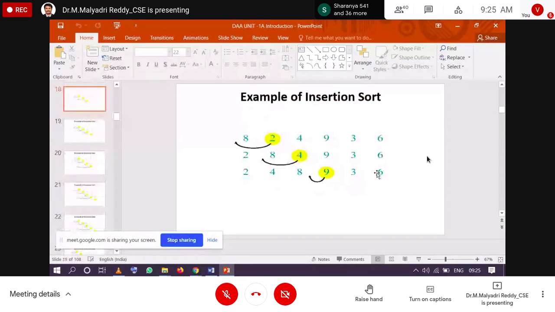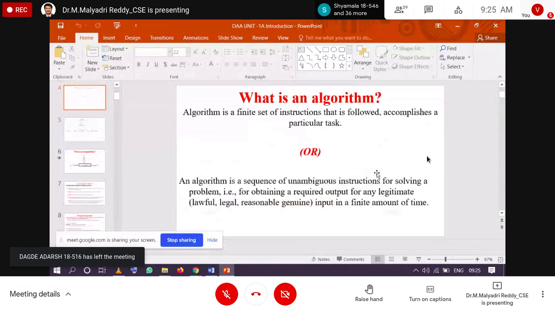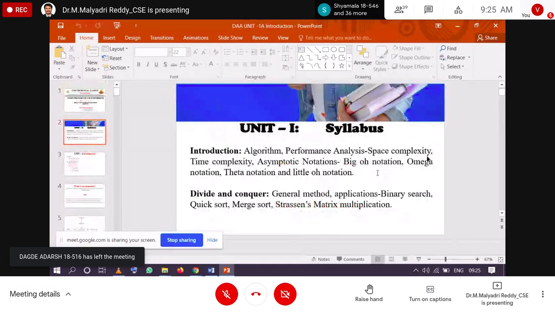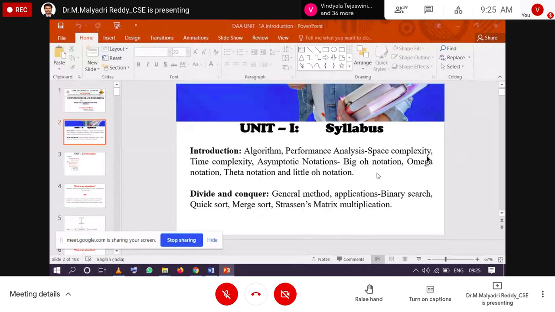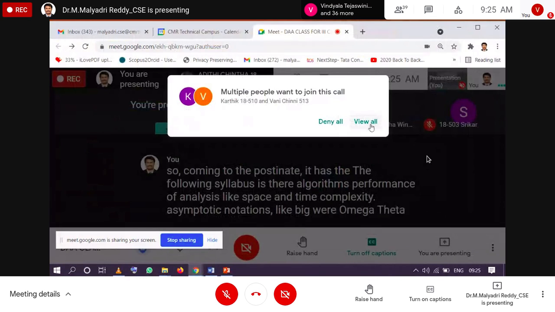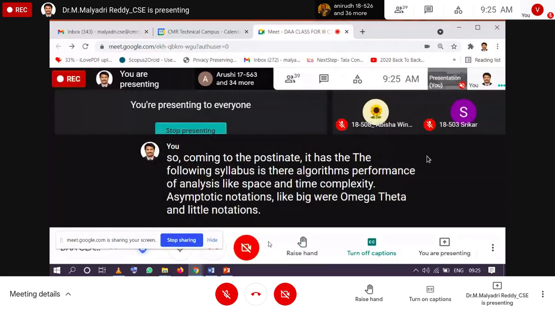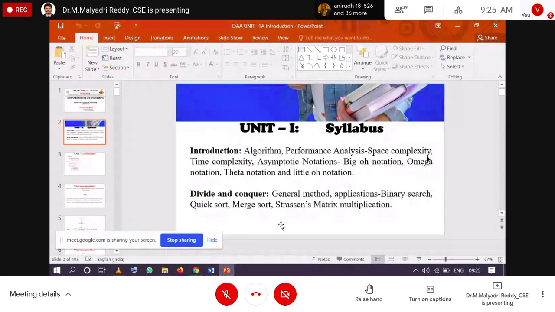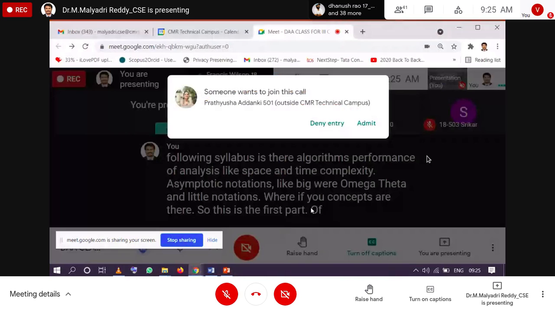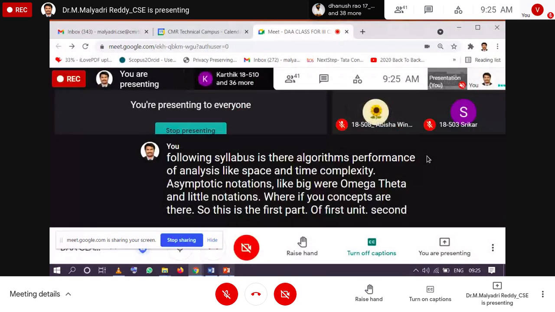So coming to the first unit, the following syllabus is there: algorithms, performance analysis like space and time complexity, asymptotic notations like big O, omega, theta, and little o notations. Very few concepts are there. This is the first part of the first unit. The second part is divide and conquer.